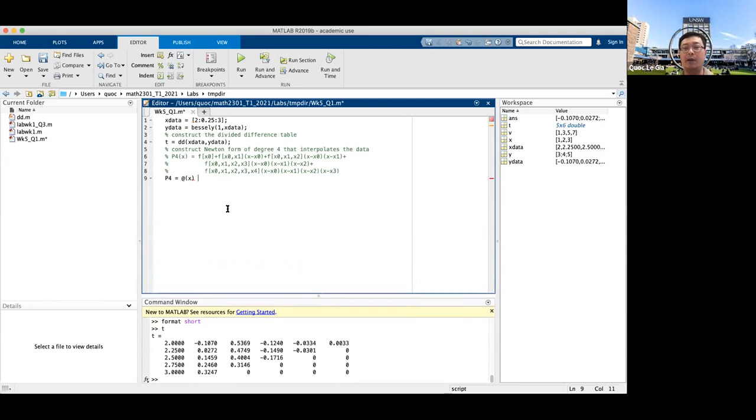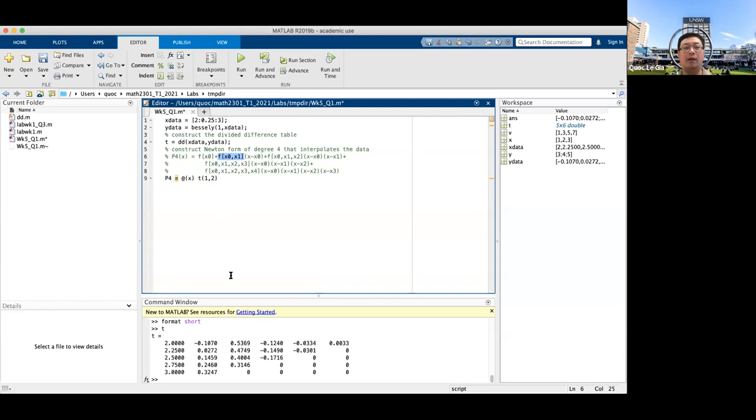So the first term, I will type in my table, row 1, column 2, right? So this one is my f(x0). And now where do I get the next coefficient, f(x0, x1)?